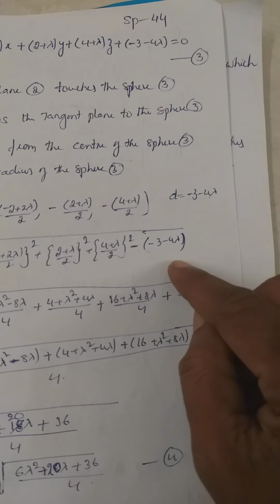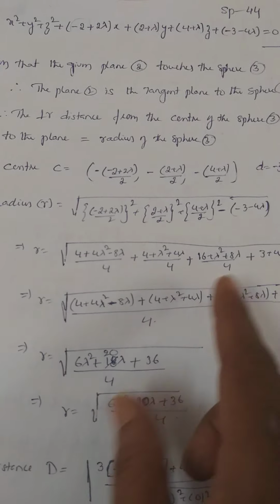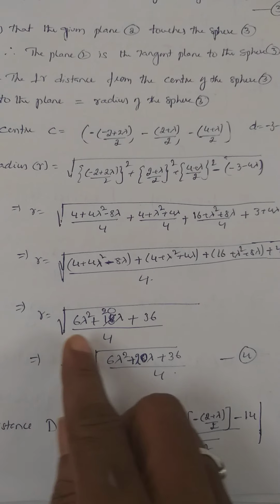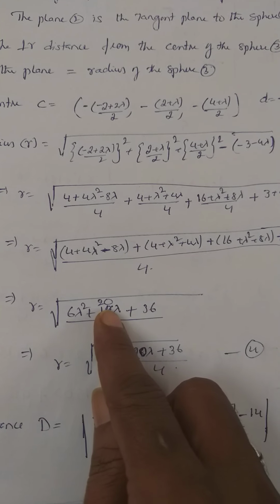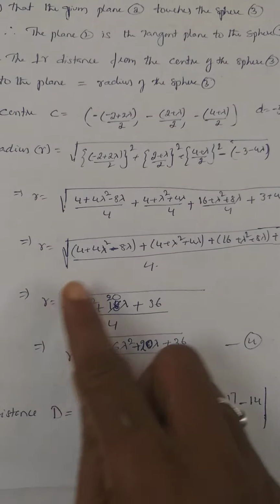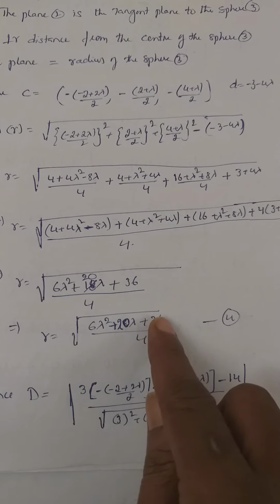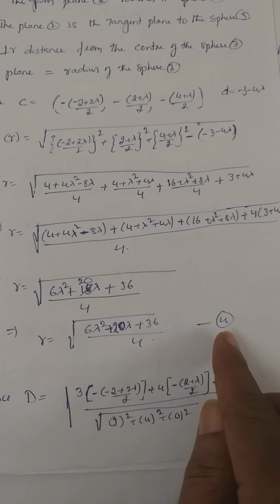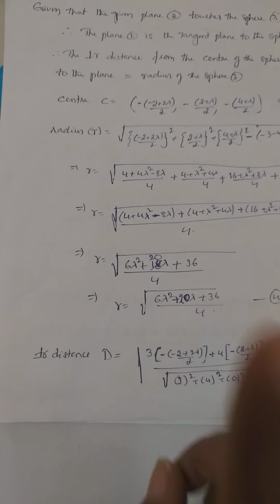Now, simplifying this one, a plus b whole square formula, after simplifying, r is equal to under root of 6 lambda square plus 20 lambda plus 36 by 4. I am calling that equation number 4. Now, here we got the radius.